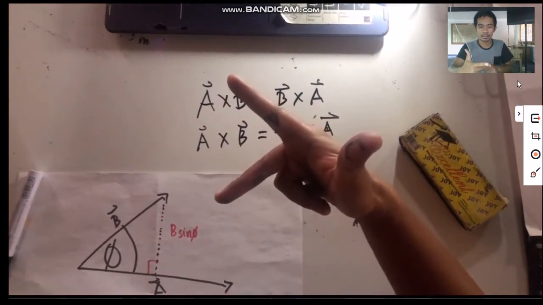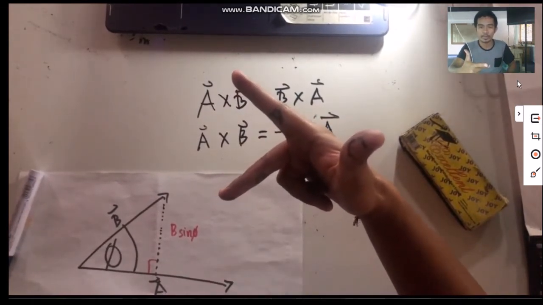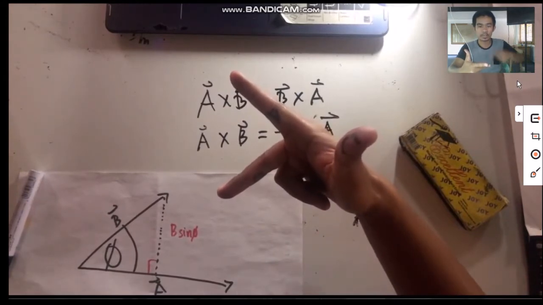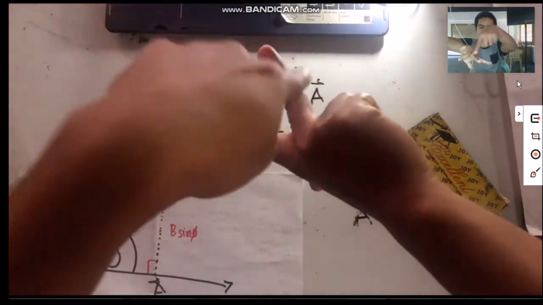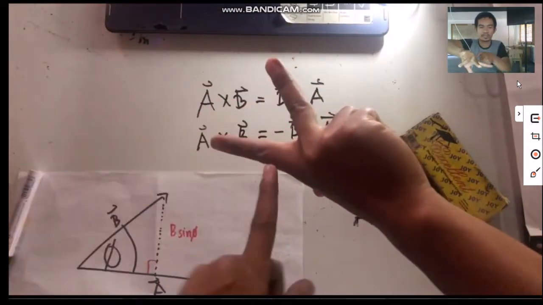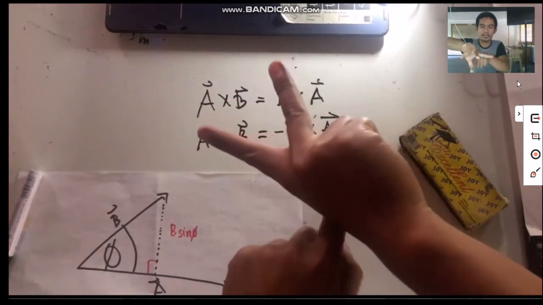But how about vector B cross vector A? We start at vector B, so this is vector B and this is vector A. What happens to the product?